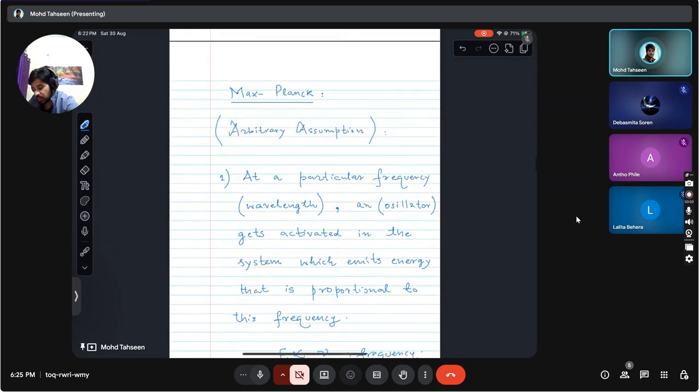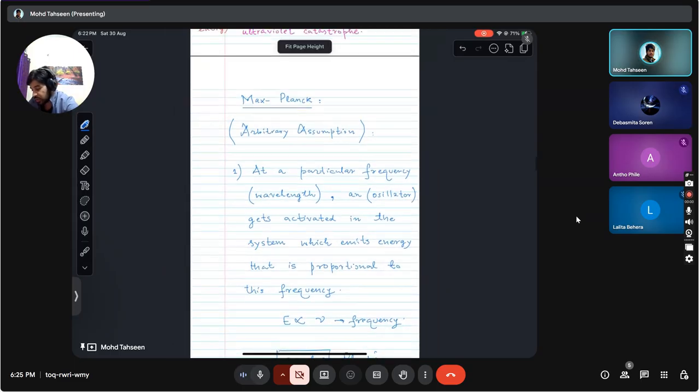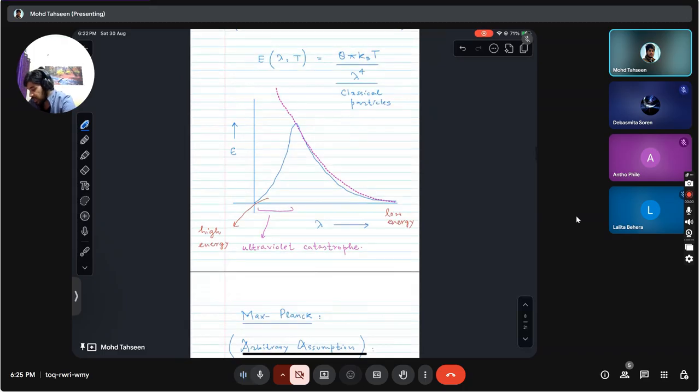So basically Max Planck assumed that if we have intensity present at some wavelength, for example, let's arbitrarily choose this wavelength and look at the intensity corresponding to it, and if this is non-zero, if there is some intensity present at that frequency or wavelength, it means that an oscillator inside the body is vibrating, which is emitting radiation at that frequency.